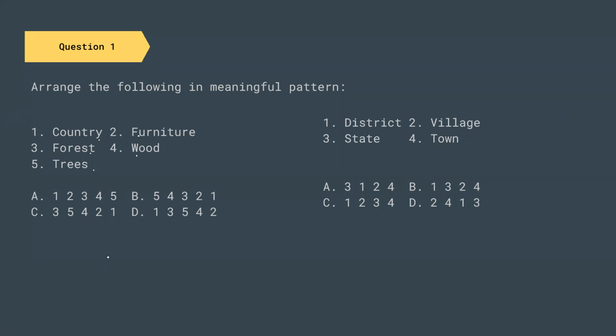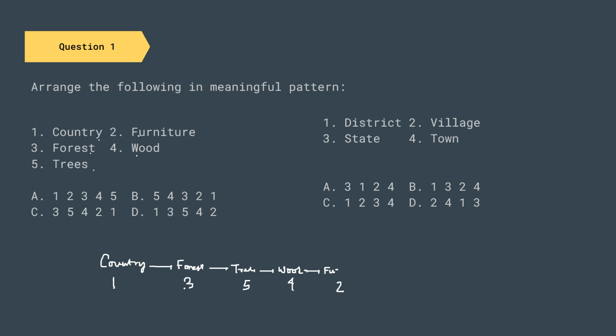So we can say that in a country, we have forest, and forest has trees, and from trees we get our wood, and from wood we can make our furniture. So country is 1, forest is 3, tree is 5, wood is 4, and furniture is 2.